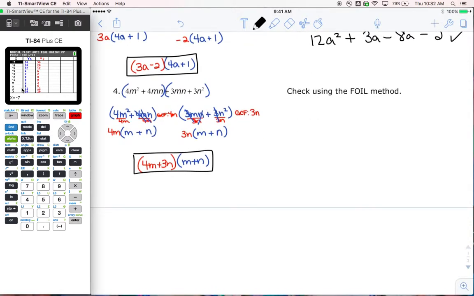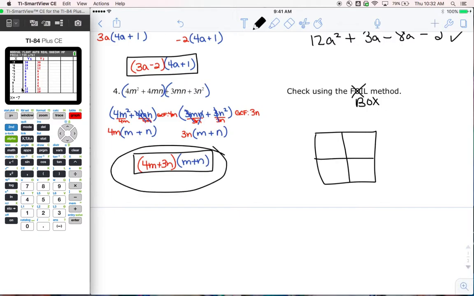Okay, the last thing I'm going to do is check using the box method, because I have a lot of kids who prefer the box method. Remember, if we're doing a box method, we would take this right here and put everything on the sides. So I've got a 4m and a 3n and an m and an n. If I multiply, this would be 4m squared, check.